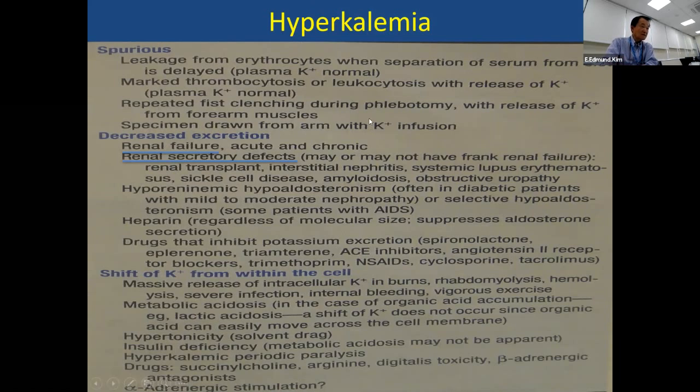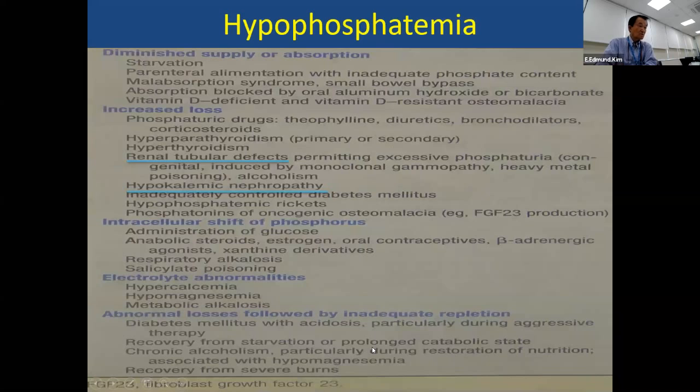Again, lots of differential diagnosis. Hypophosphatemia: again, you have too much phosphate loss by renal tubular defect, nephropathy. That's a common thing.